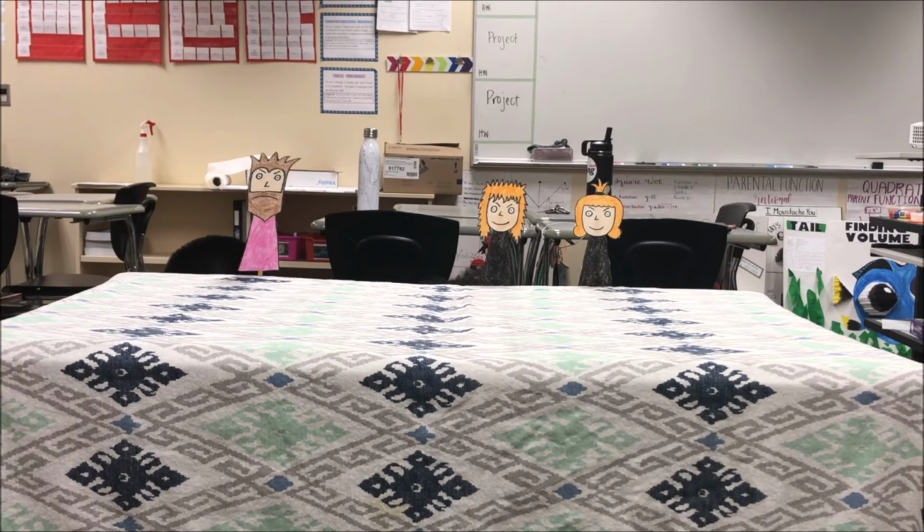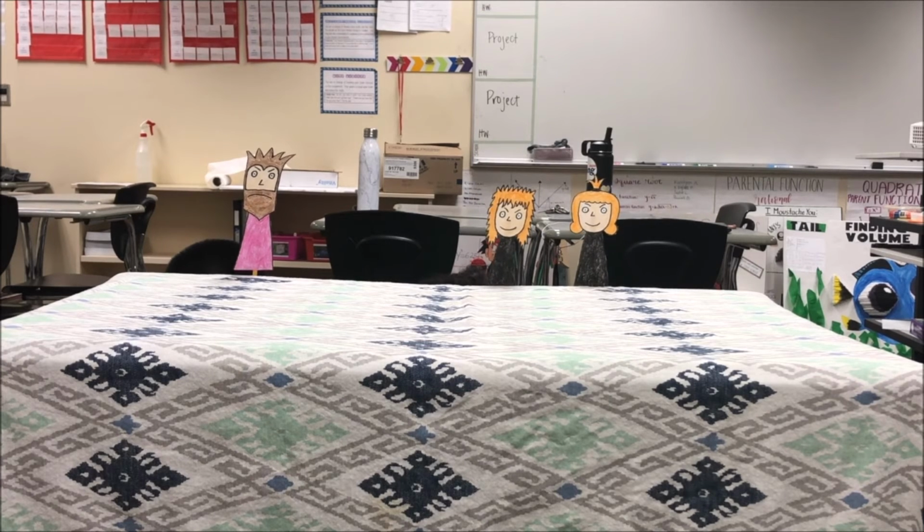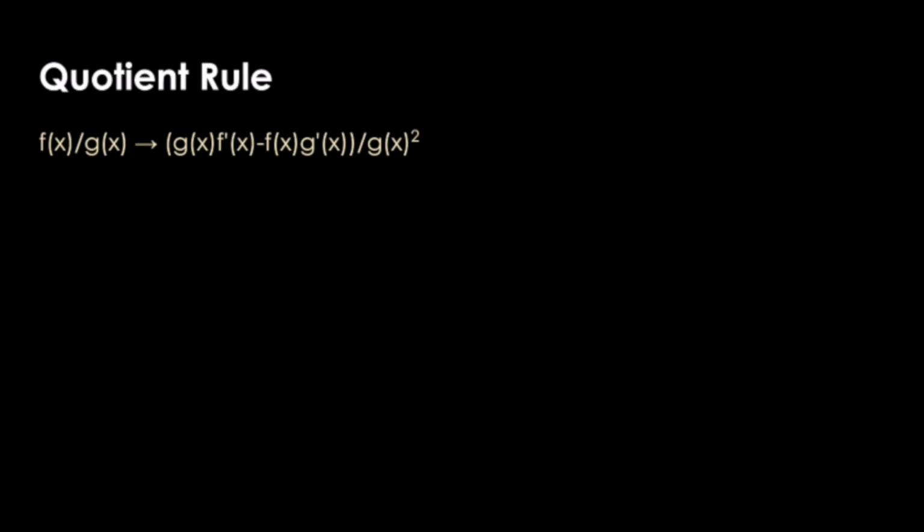Howdy do. Your predictions of the future, are they true or not? You need to know about the quotient rule. The what? Quotient rule. If you have one function divided by another, you should apply the quotient rule. To do so, take the denominator and multiply it by the derivative of the numerator. Then subtract the numerator multiplied by the derivative of the denominator from it.